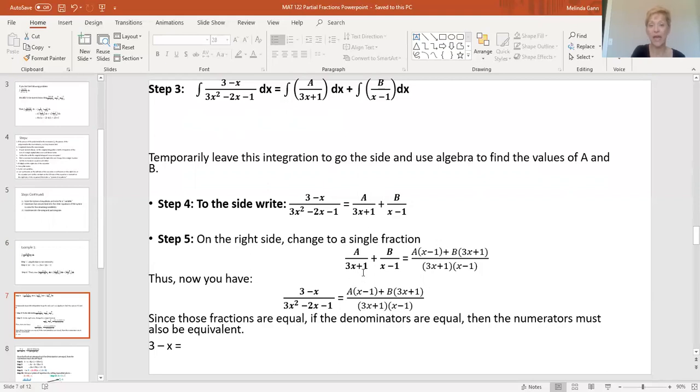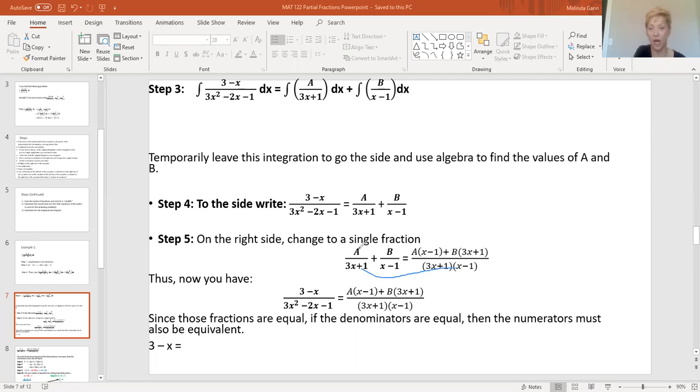So I'm going to change the sum of these fractions to a single fraction. Like you do with numbers, we've kind of done this before a little bit in class. Remember what you do. What do you multiply 3x plus 1 by to get 3x plus 1 times x minus 1? To get from here to here, you must have multiplied this denominator by x minus 1.